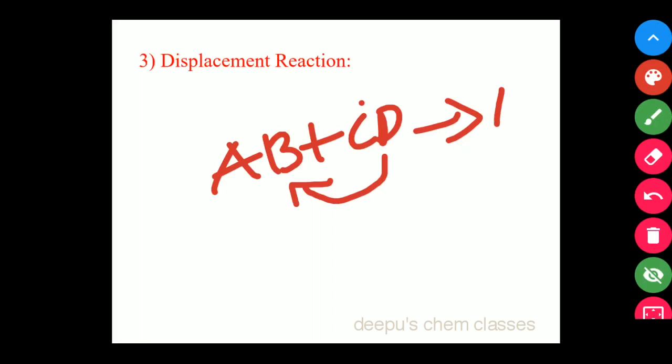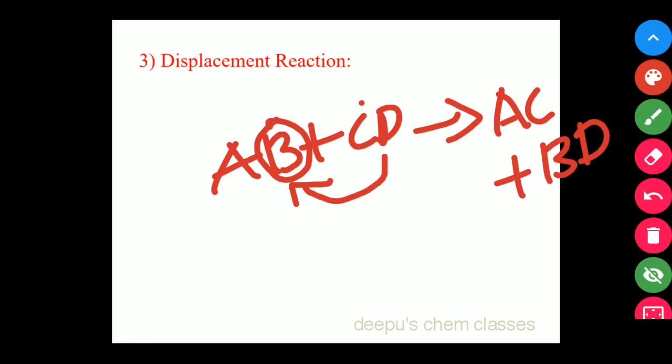Let us assume B is displaced here. So we get AC plus BD. It is a kind of double exchange reaction, or double decomposition reaction, or double displacement reaction, you can say.